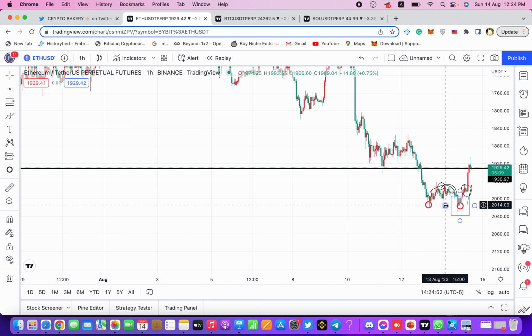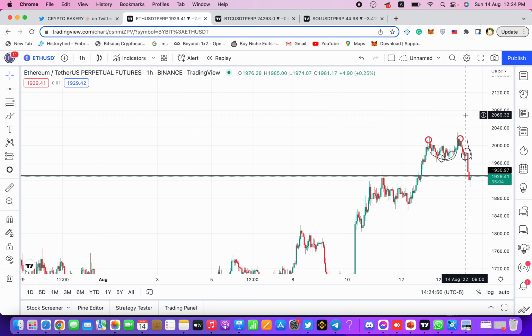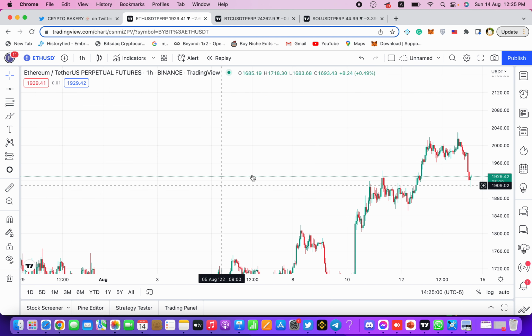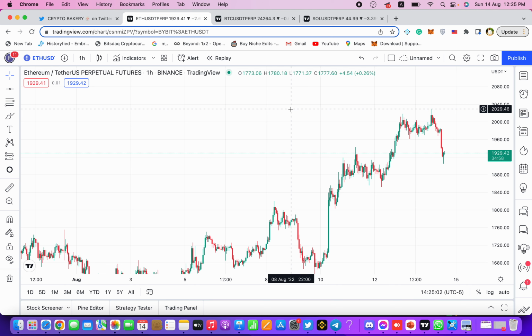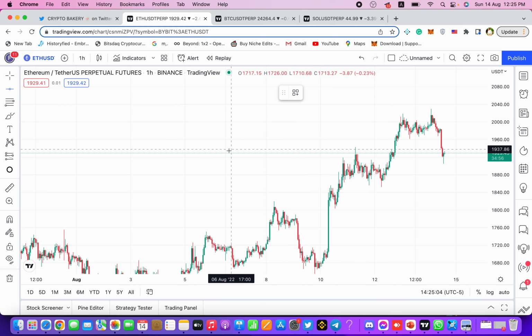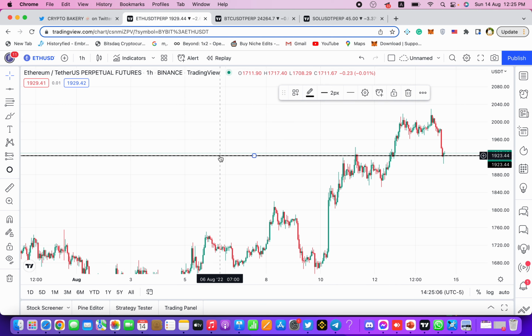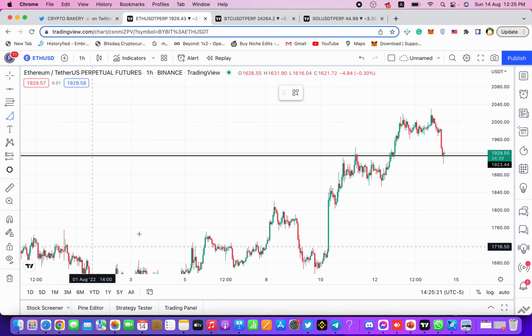Now if we are making a double top, let's go back to the real chart. If I mention this line as our support, and we broke this area, we broke this resistance and we pumped drastically, I can mention a double top here.